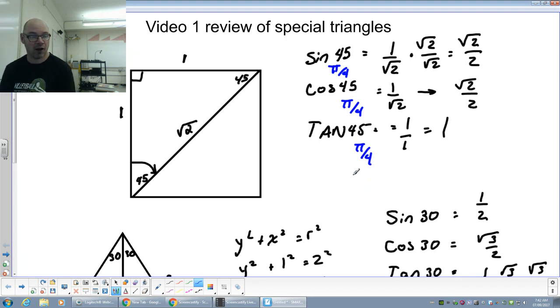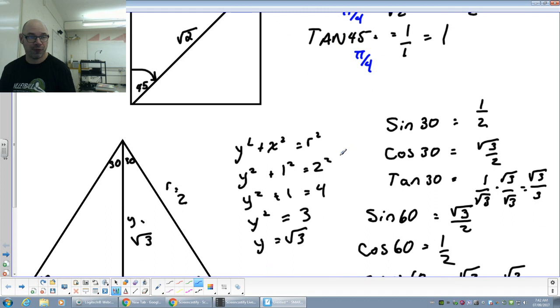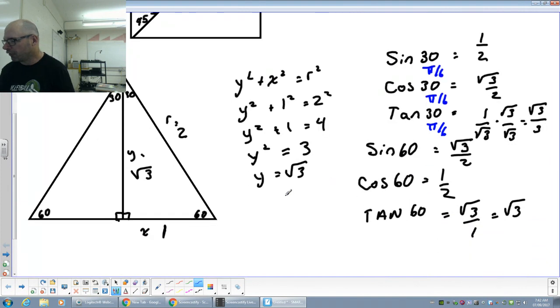And remember that 180 degrees is pi radians. Okay, if we do that with 30, 30 goes into it 6 times, so this is pi over 6 radians. You can convert using the ratio if you want, but if you just know 30 goes into 180 6 times, that works too.